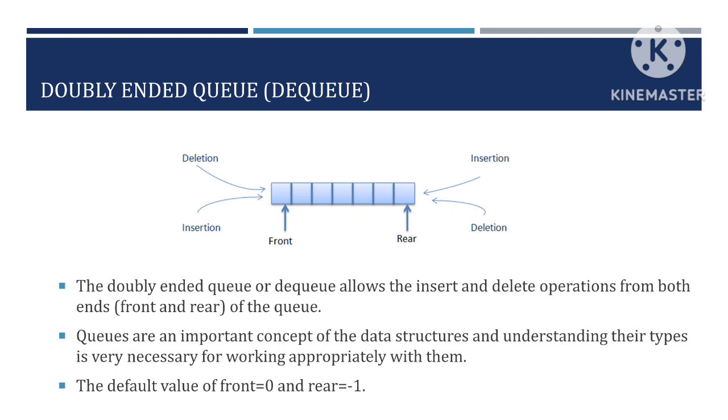Similarly, you can insert an item from the front end, and deletion can also be done from the front end. It is only possible in the case of a double-ended queue. In all other queues, mostly the insertion is done from the rear end and deletion from the front end. Since insertion and deletion can be done from both sides, it is called the double-ended queue.